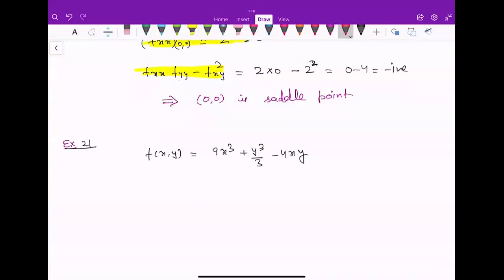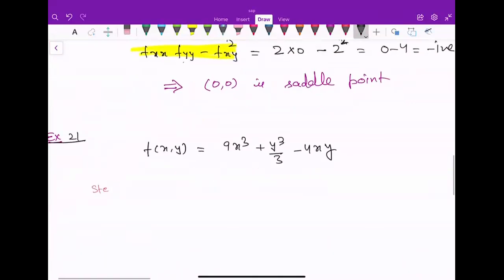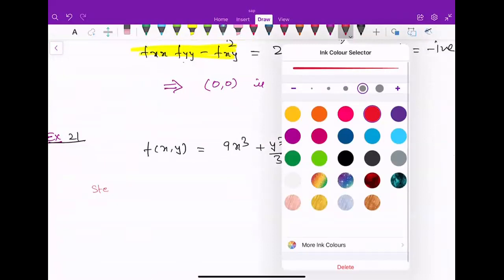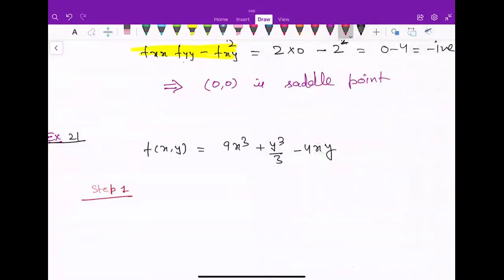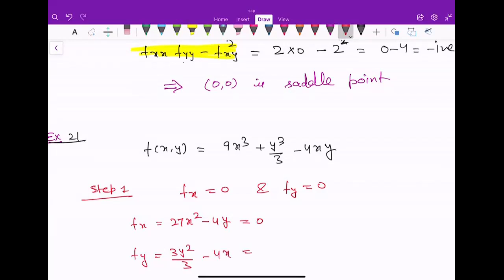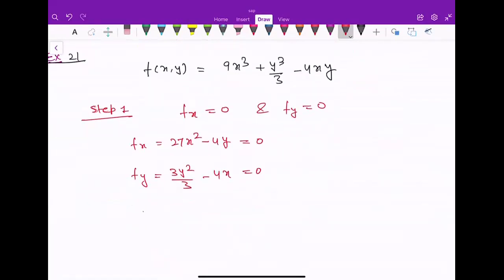Step 1: f_x equal to 0 and f_y equal to 0. So f_x equal to 0 gives 27x square minus 4y equal to 0, and f_y equal to 3y square upon 3 minus 4x equal to 0, okay?